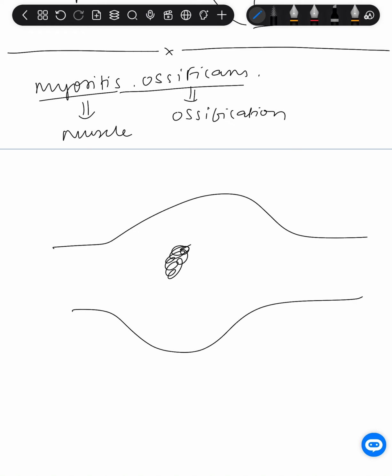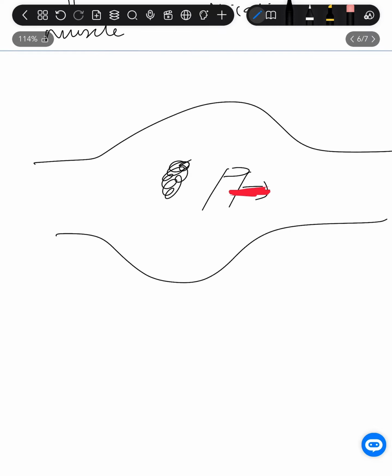What happens is there is some intramuscular hemorrhage happening. Blood is coming out. Wait a second, we'll make blood. Because of this cell or tissue injury, this blood is coming out.